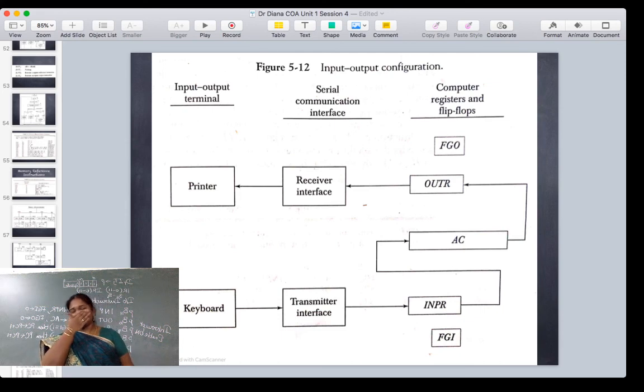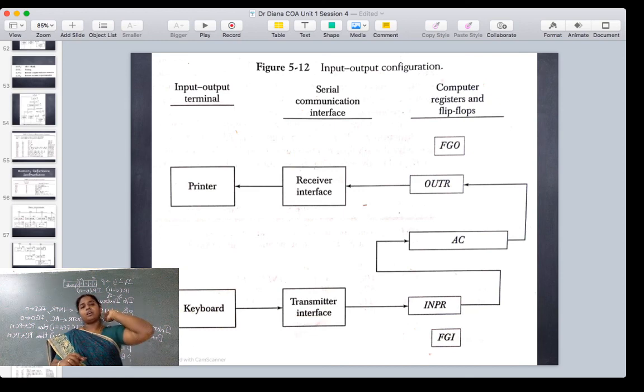So at every instruction execution, it goes and looks at the FGI flag and FGO flag, and then it starts with execution. Whenever the input is ready, only then the flag is set to 1. So until that time, the CPU continuously goes and looks into the FGI flag.